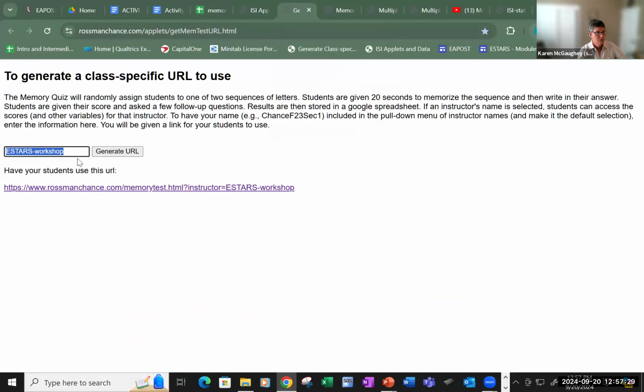You could set up a link for each of your courses or just one for all of your courses together. But maybe since your courses would be at different times of day, it's good to generate one for each course. Then you can post this on a Canvas page or something like that to share it with your students, and you have access to get back to that data when you need it.